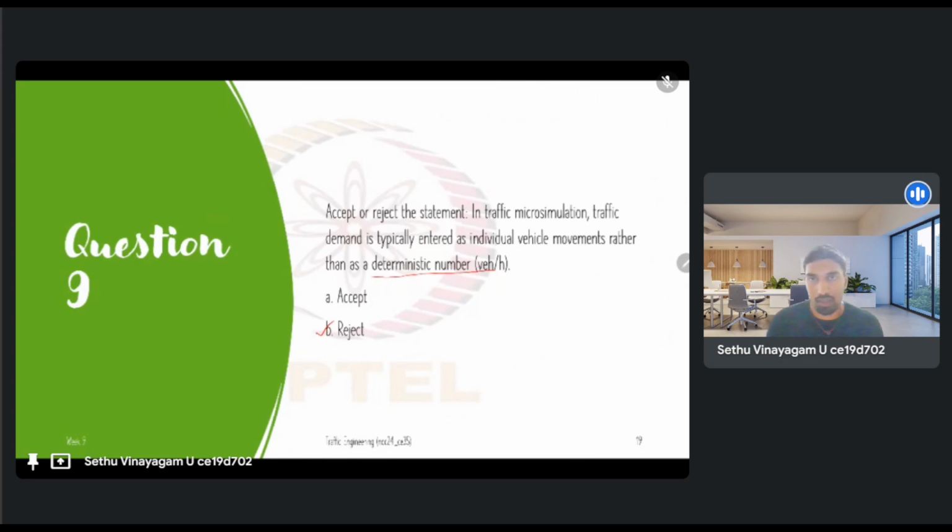Therefore we do not specify individual movements, like how many straight through, how many right, how many left. Instead we just say this is the total inflow that is going to come in. From that, these three movements will be sampled from a distribution and then the different movements will be modeled. Therefore the given statement is incorrect.